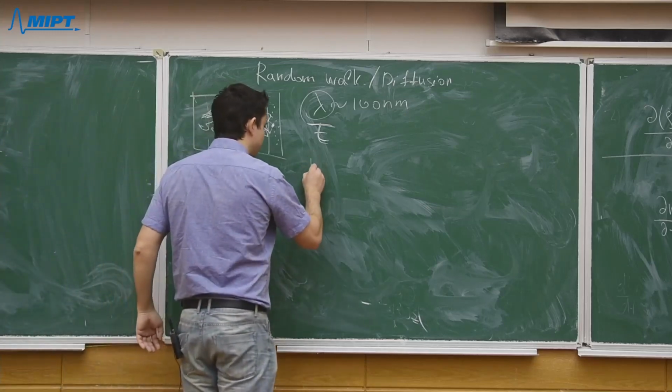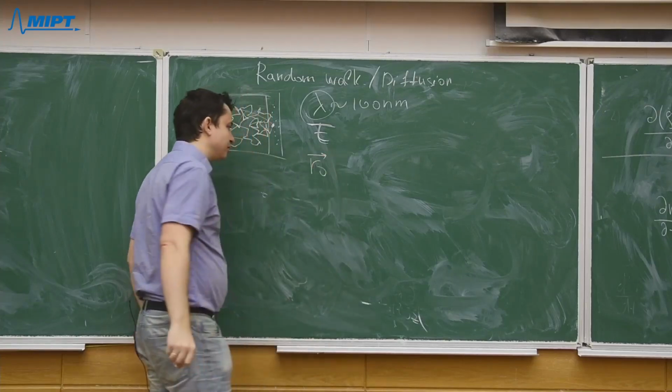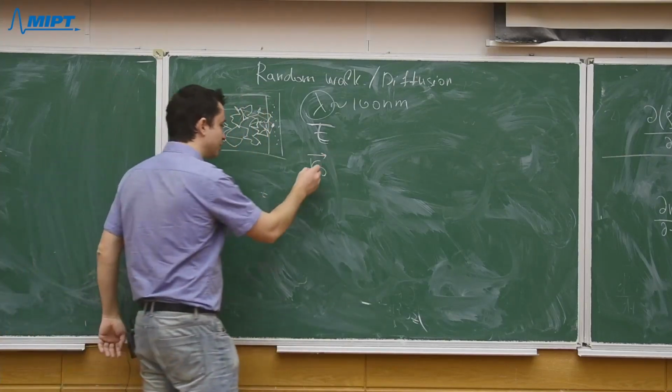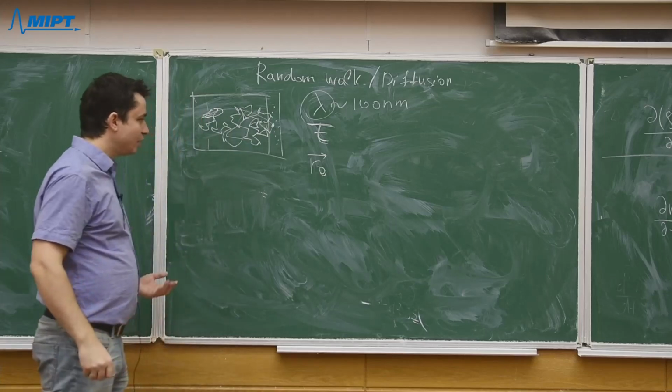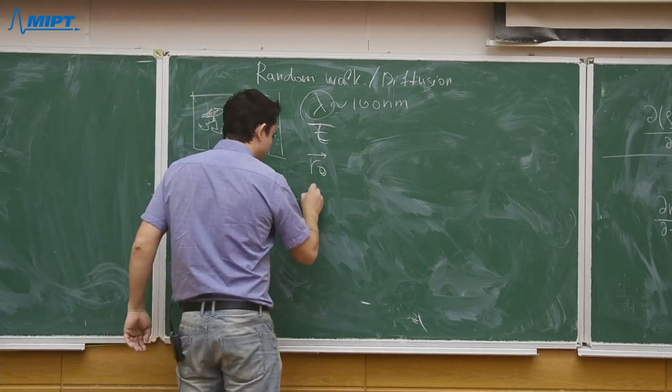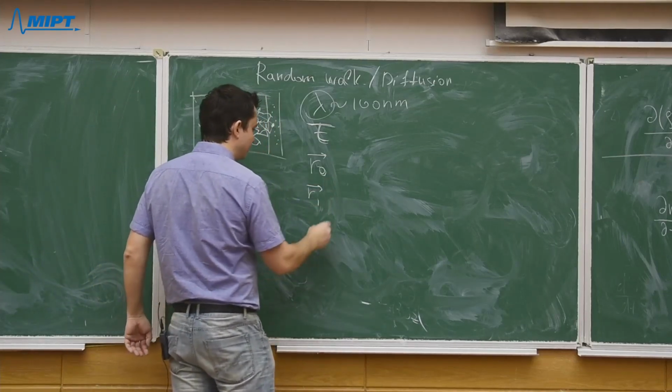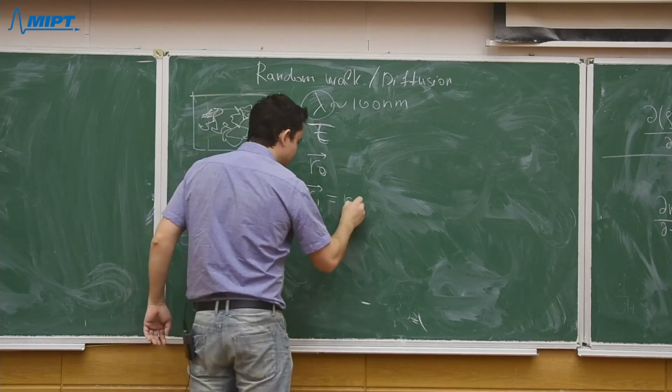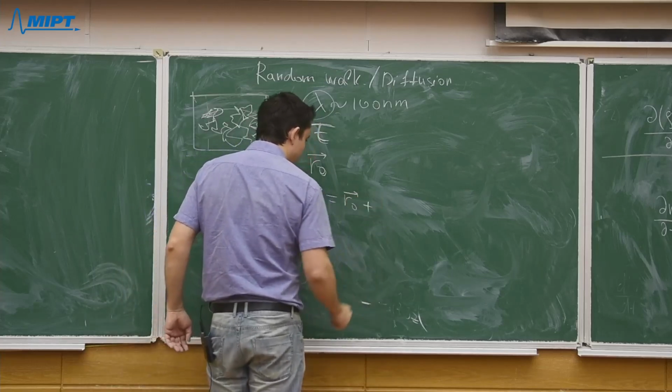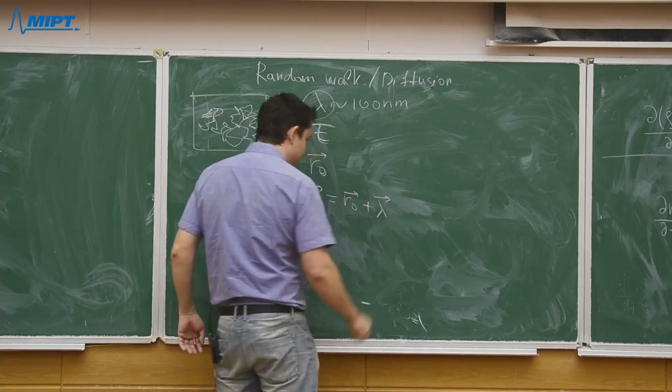So we start from the initial location of the molecule, which we denote R0. And at the next step, how do we determine the position of the molecule? We add a random vector lambda.